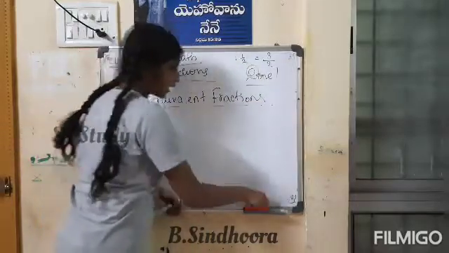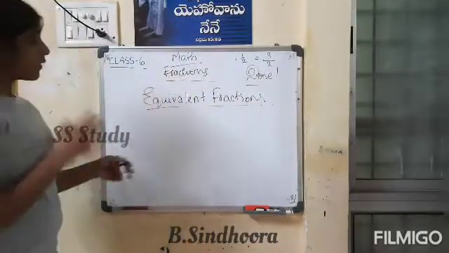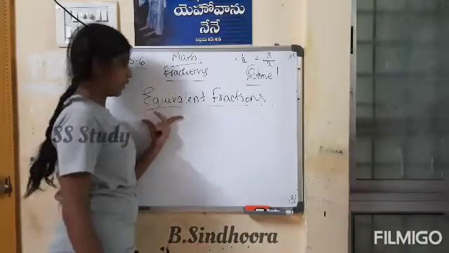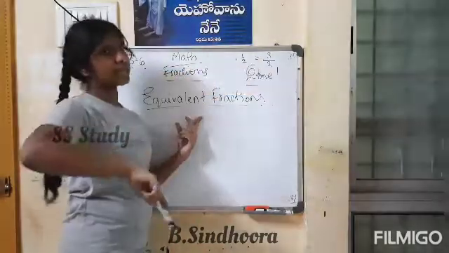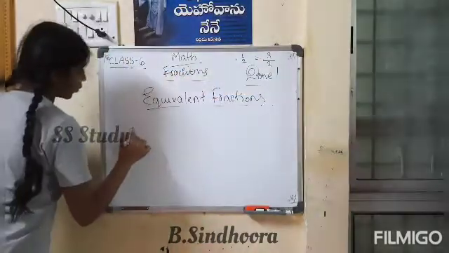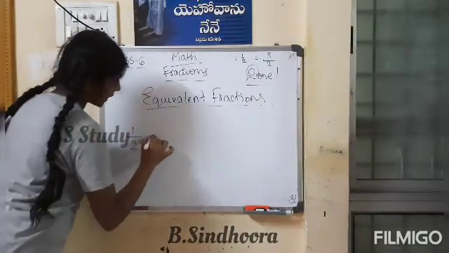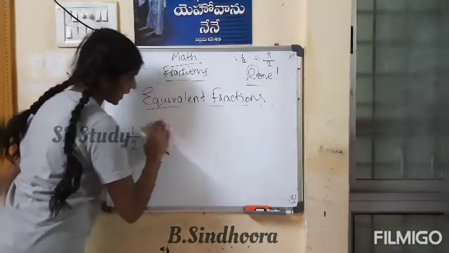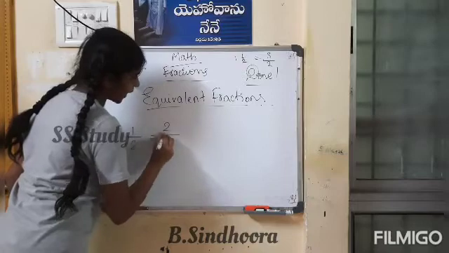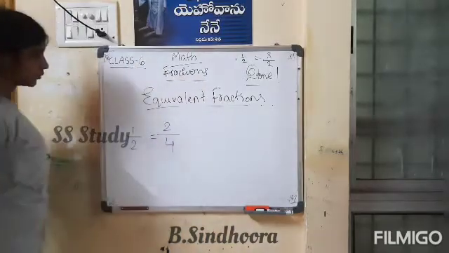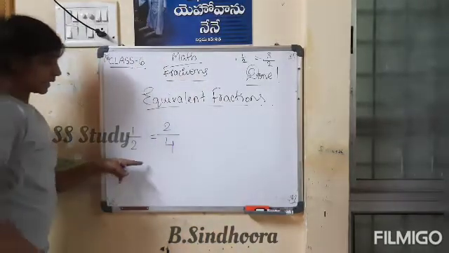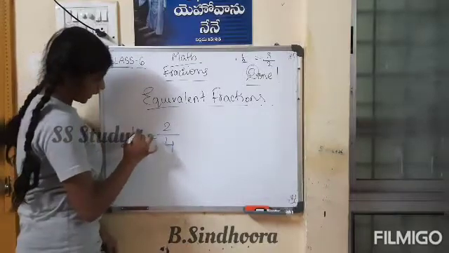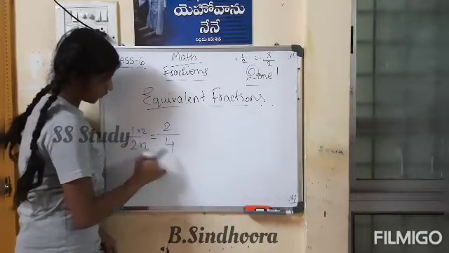What are equivalent fractions? Equivalent fractions are equal. If you write like that or like this, they are equivalent. For example, 1 by 2 is equivalent to 2 by 4, because we multiply by 2. 2 2s are 4, 1 2s are 2.